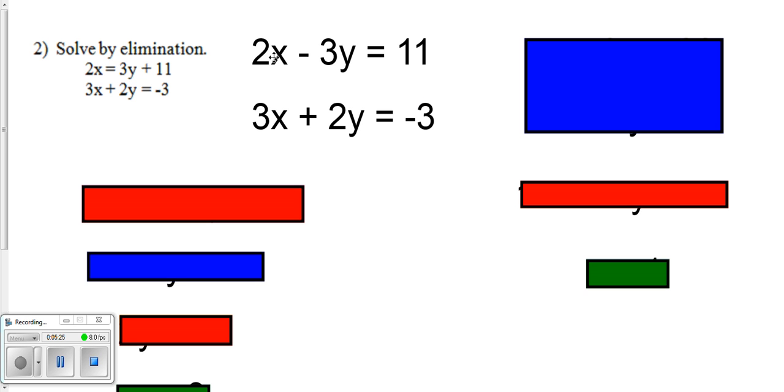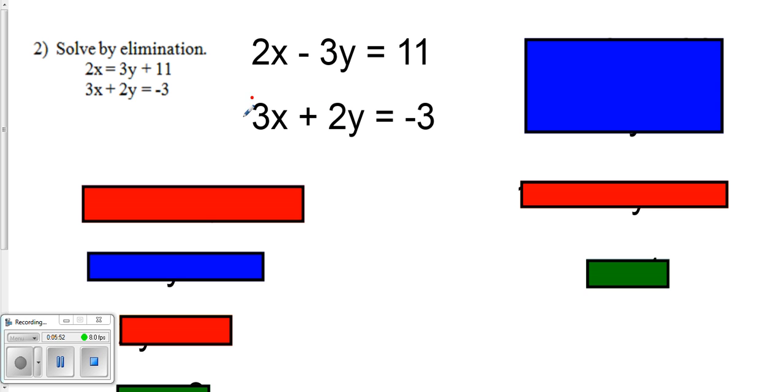The problem is none of them actually cancel each other out. They don't match up. 2 and 3 don't match up. Negative 3 and positive 2 don't match up. So we wouldn't be getting rid of any of our variables. So what we need to do is multiply the entire equation to get them so they will cancel out. Here we have a negative, here we have a positive, so let's try to cancel out our y's.